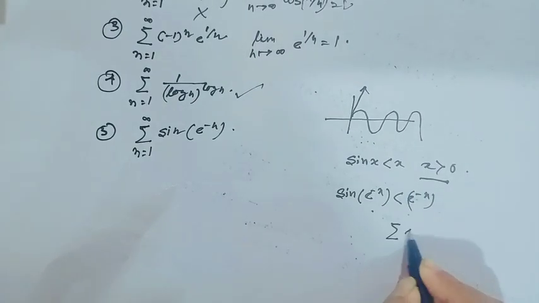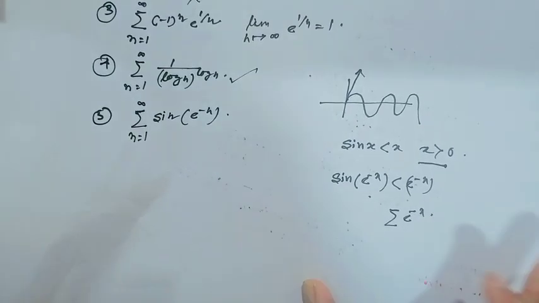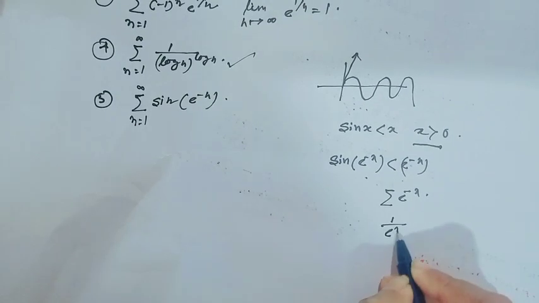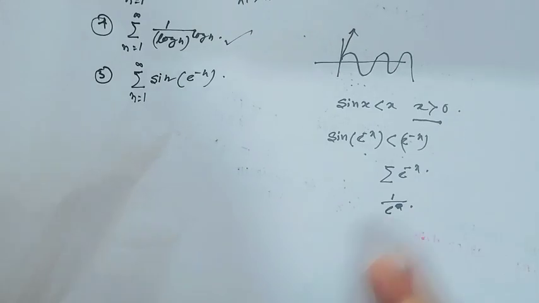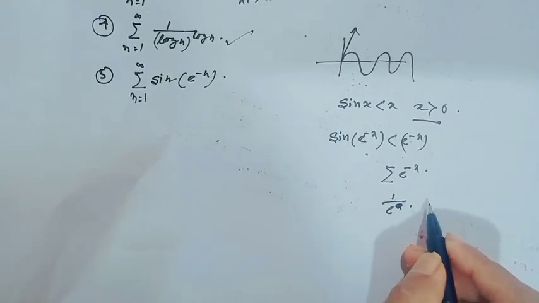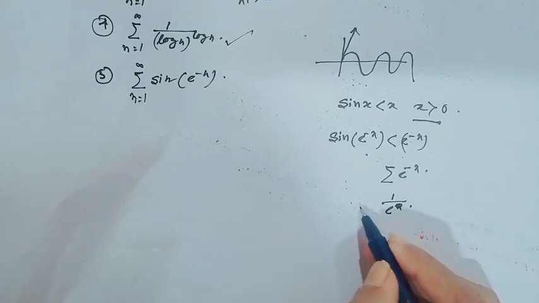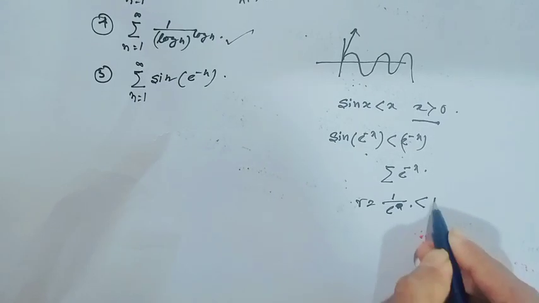And here the series e to the power minus x is actually a geometric series with ratio 1 over e to the power x, that is 1 over e. And since all of us know a geometric series is convergent when r is less than 1, obviously 1 over e is less than 1.